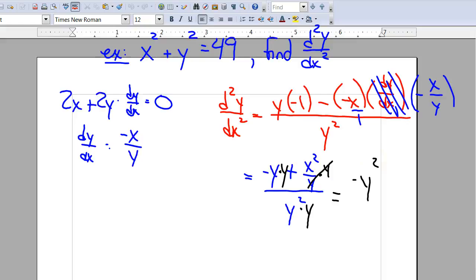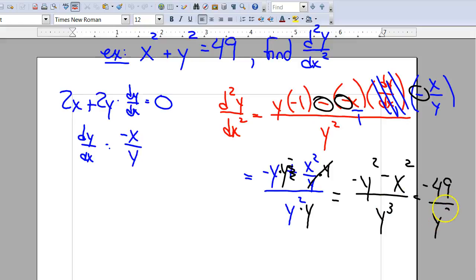That should be negative. Oh, there are 3 negatives, aren't there? So 1, 2, 3. So there's still 1 left. So this should be minus x squared over y to the third, and then I know that x squared plus y squared is 49. So if I make everything negative, this would be negative 49 over y to the third.